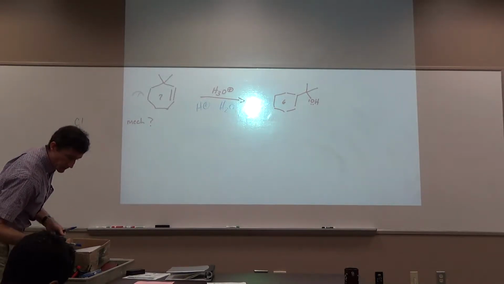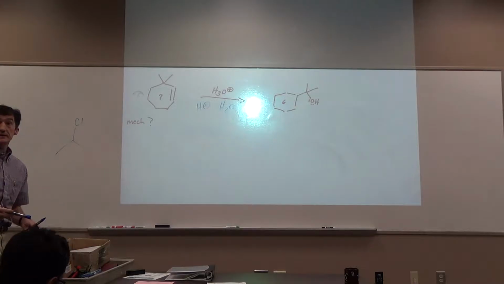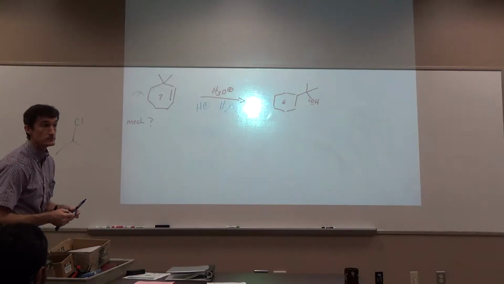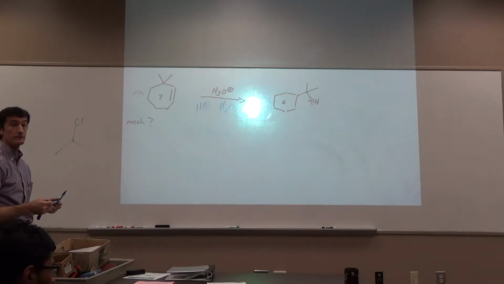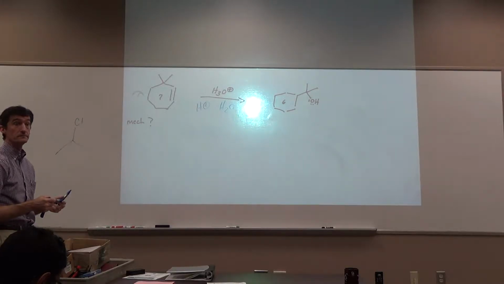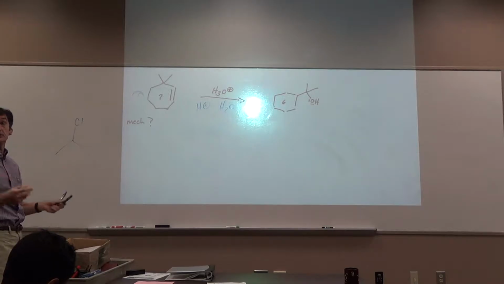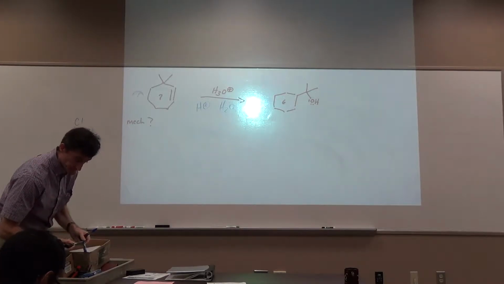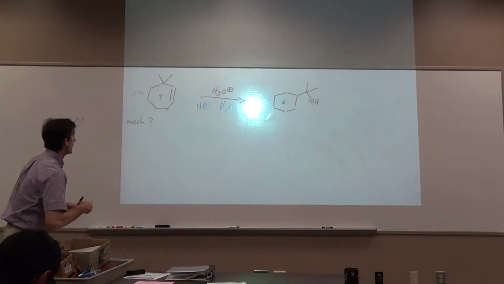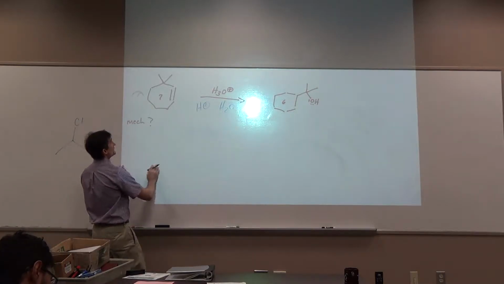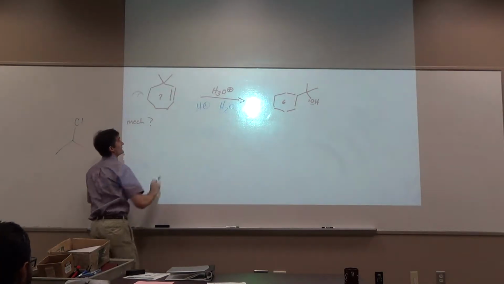The only reaction we know thus far of an alkene is reacting with H plus. Think about it, that's all we've done so far. So you got an alkene and you got an H plus. That's the first step, yeah? Question though, are we going with the cation at top or bottom?